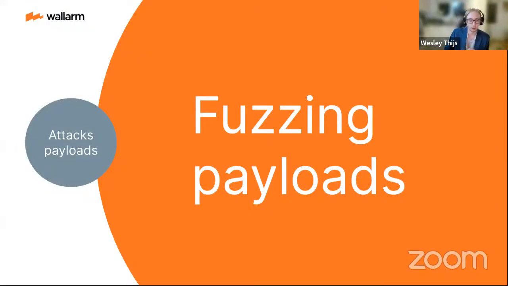If you think about it, fuzzing payload means that we basically throw everything that we can think of at the endpoint. But when we talk about attack payloads, they have a certain overlap with those fuzzing payloads because, of course, some of our attack payloads are going to be the same as those fuzzing payloads, but we can keep this group a lot smaller, as you can see.